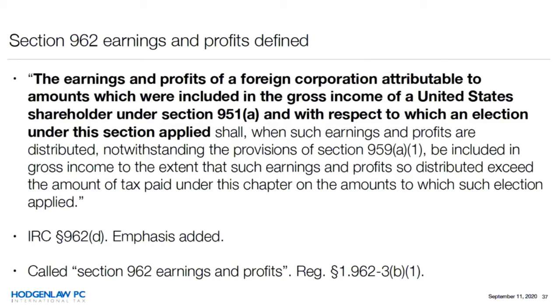So in the simple example we're working on in the sample tax return you have beside you, we're assuming that all $600,000 of net profit at the corporate level was earned in a year that the shareholder made the Section 962 election. So we're starting our Section 962 earnings and profits calculation with a starting point of $600,000. And then we're going to do stuff to it.